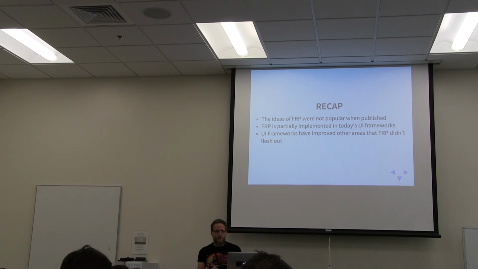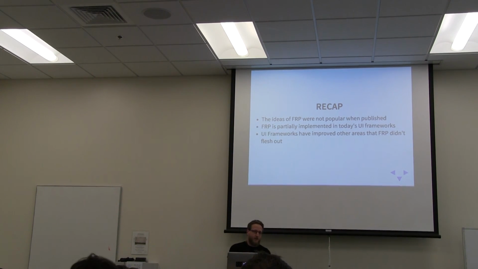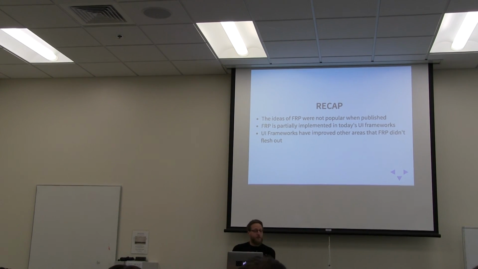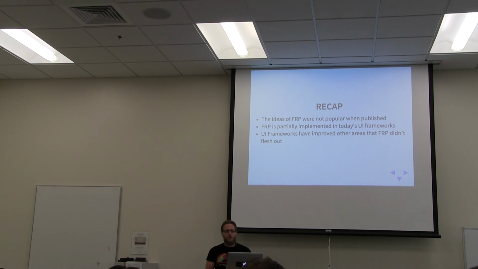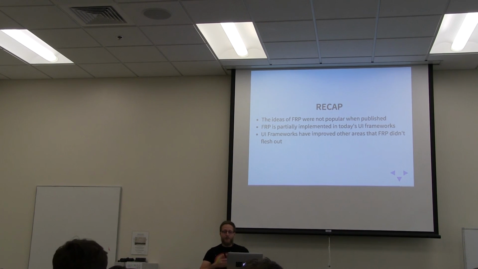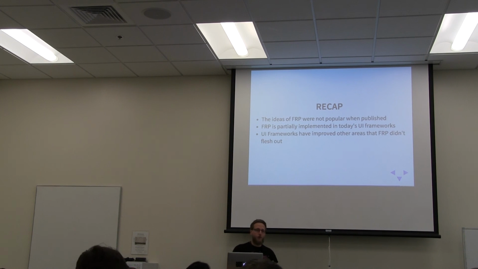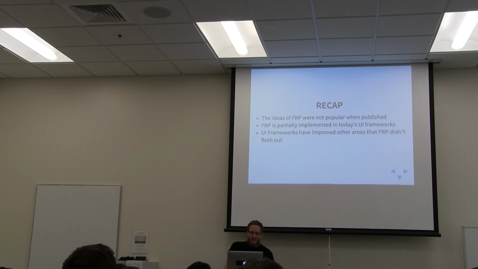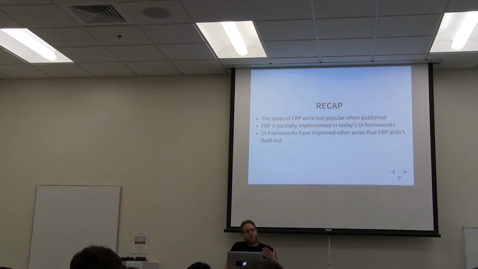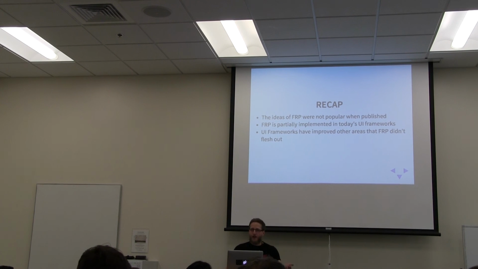We have this separation of data from UI. We're building towards better ways to compose our queries on top of our data. And I think that one of the reasons that UI frameworks don't exactly implement this stuff is because it's not necessarily the right answer.